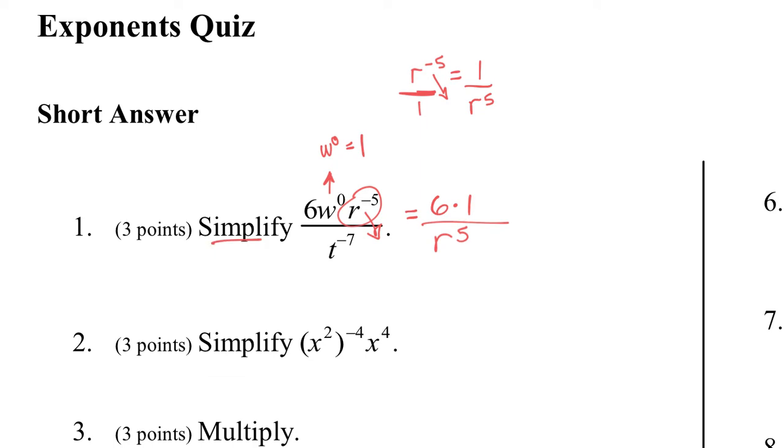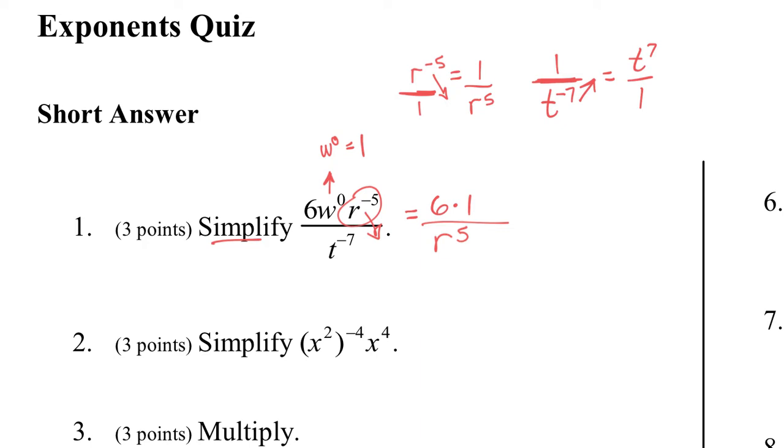Now this t to the negative 7th power, remember that it is in the denominator. So let's make sure it goes in the denominator right now. That would be 1 over t to the negative 7th power. See, it's in the denominator. And I want it to pass through this fraction bar again. So I'm going to have it go to the other side, which makes the sign on the exponent change from negative 7 to t to the positive 7th over 1.